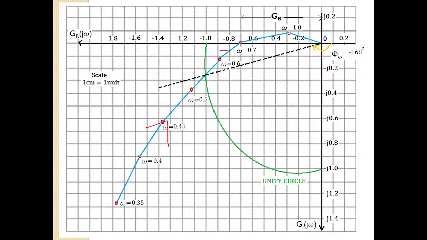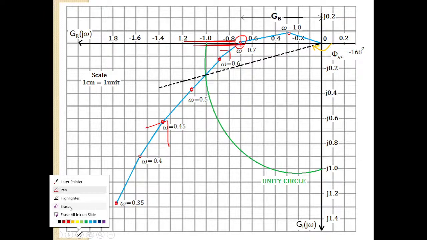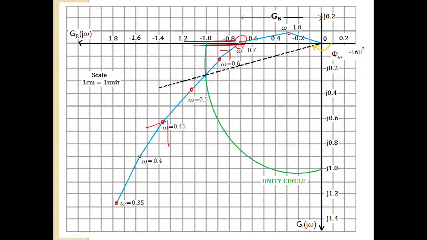Now, this plot is cutting the real axis, isn't it? This is our real axis. So this plot cuts the real axis at this point. What is this point? It is in between minus 0.6 and minus 0.8.